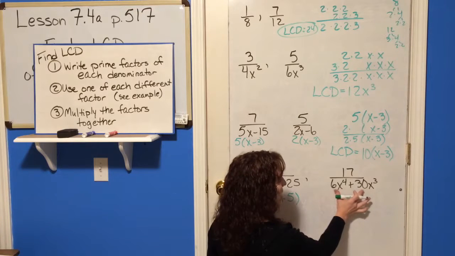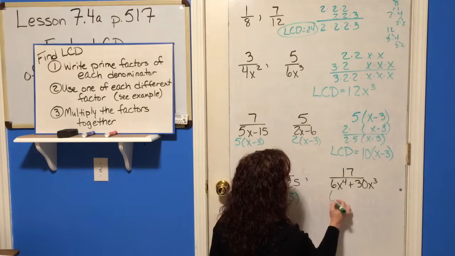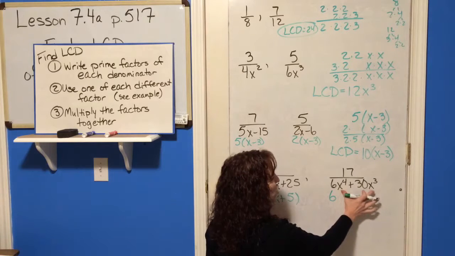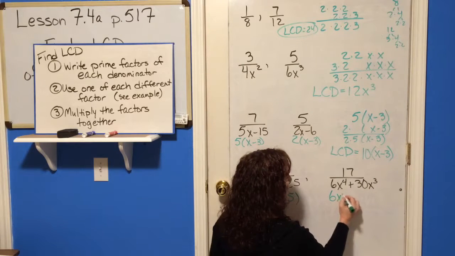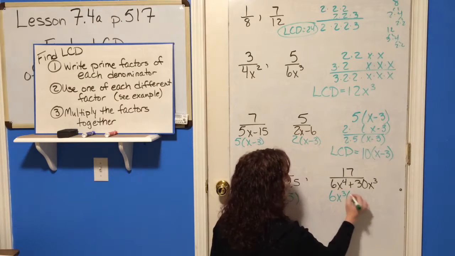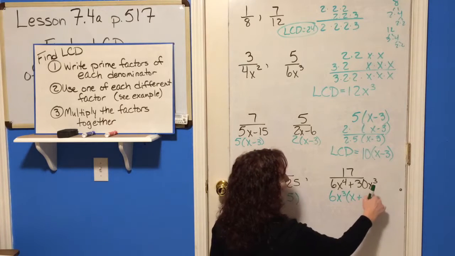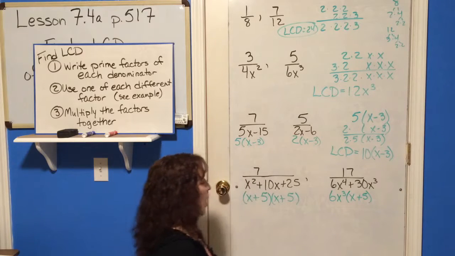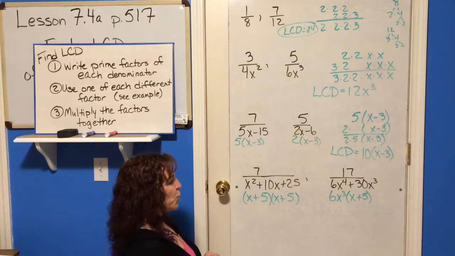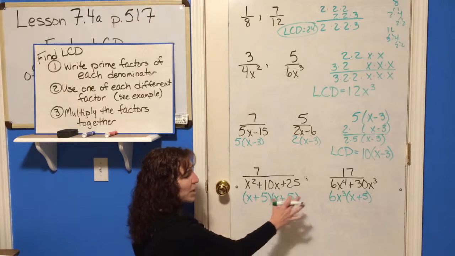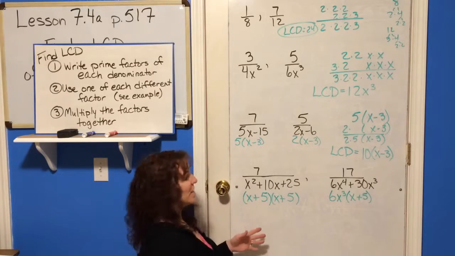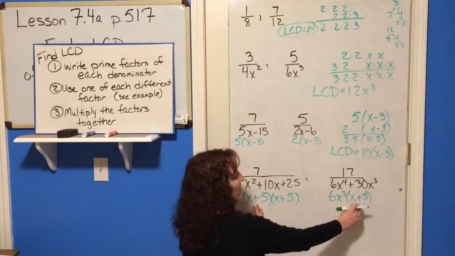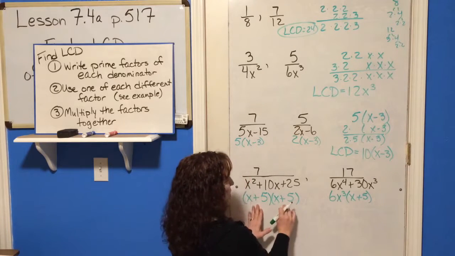And 6, let's see, what's in common here? Oh, 6 is in common between 6 and 30, so we can pull a whole 6 out. And x cubed, there's 3 of them in common. 6x cubed, and there's 1 x left here. And we don't have any x's left, but we do have a 5 here. All right. So now, if you want to line them up over there, you can. But sometimes when you've got binomials, it's really easy just to see. You've got an x plus 5 in common, but one of them is extra.